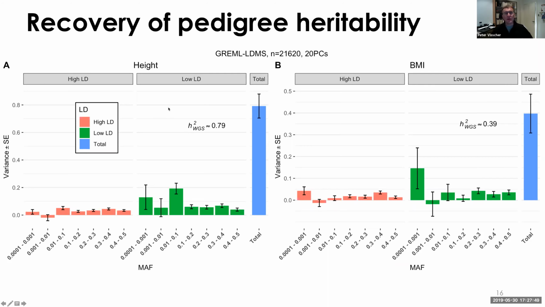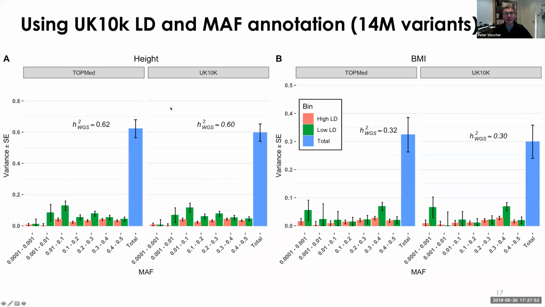One of our concerns was that the annotation that we used in the previous set of results, the annotation of minor allele frequency and of LD, was from the data itself, was from TopMed. So we wanted to check what would happen if we used annotation from a completely different sample. So we went to the sample of the UK10K, and we looked for the total number of sequence variants that overlapped.